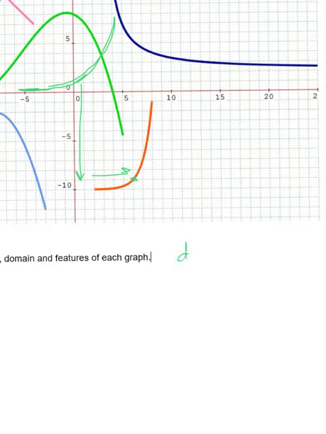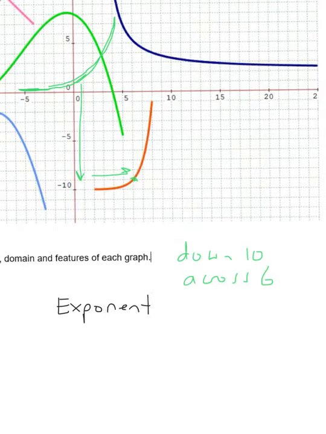Okay, so the graph is translated down 10, right 6. So a normal exponent graph, an exponent like a growth, is y equals a to the x. Exponent means power. So now, because we've gone to the right 6, it's minus 6. And down 10 will be a big minus 10 on the end.